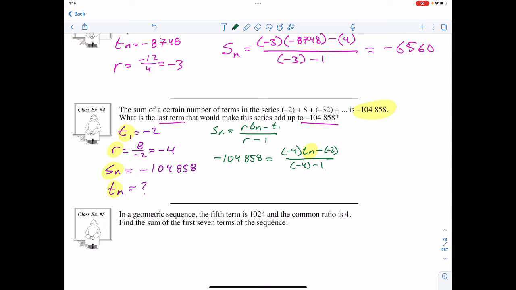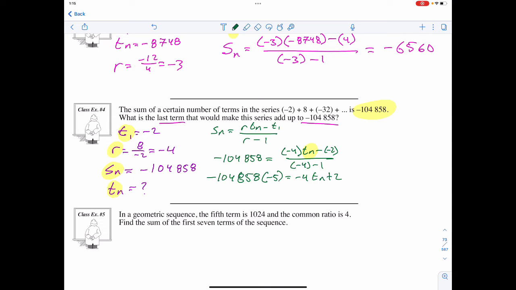And I'm going to multiply that into both sides to move it out. On the right side, I have -4 Tn's, and the minus -2 is going to be the same as +2.